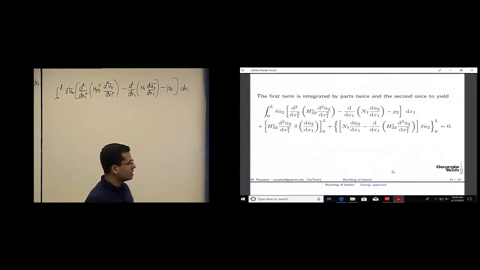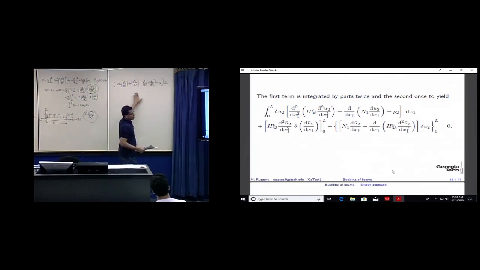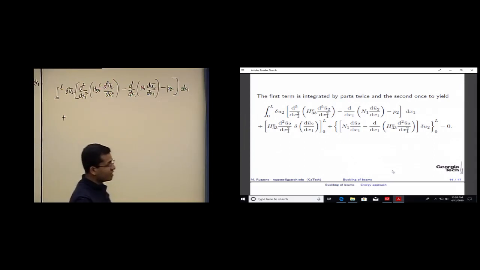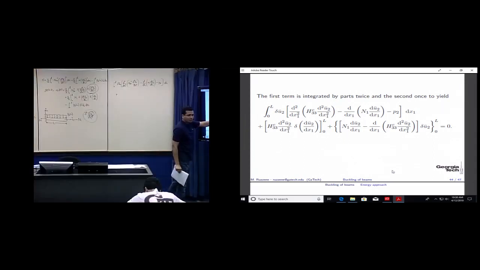After integration by parts, we will get this term where we applied integration by parts, right? And then we will have two other terms which are a result of definite integrals, right?